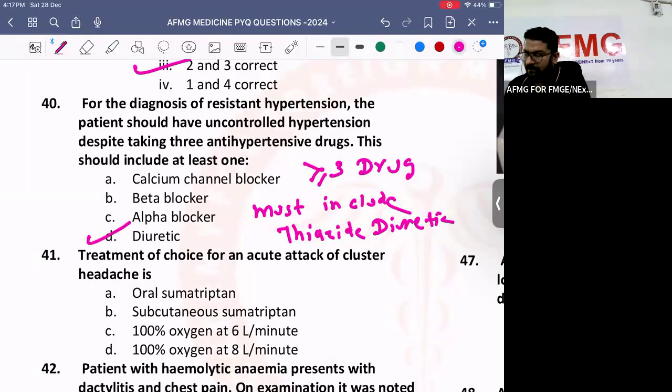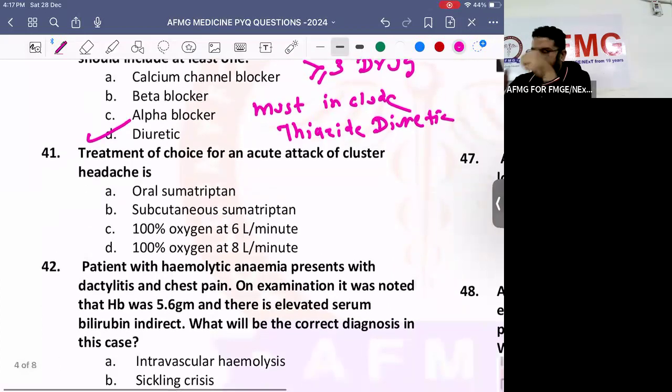This is the definition of resistant hypertension. What is the definition of resistant hypertension? Hypertension which is not responding to 3 or more different classes of drugs that must include thiazide. Clear? Okay. 41. Here you will make some silly mistake. Tell me.